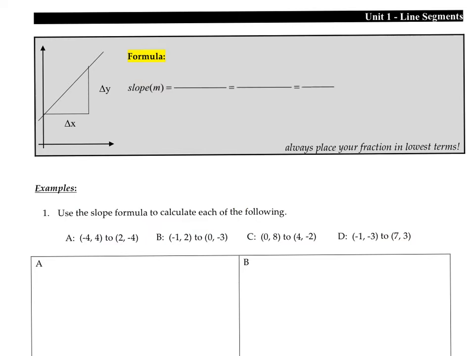Okay, now we're going to look at our 3 different formulas for slope. We already looked at rise over run, and again, that's only if you have a rate triangle. The other one is if you're given 2 coordinates, you don't have a visual, but you want to calculate the slope, and that's going to be y2 minus y1 over x2 minus x1. And these are just the coordinates of your 2 points. You're going to label one point as x1, y1, and the other point as x2, y2.